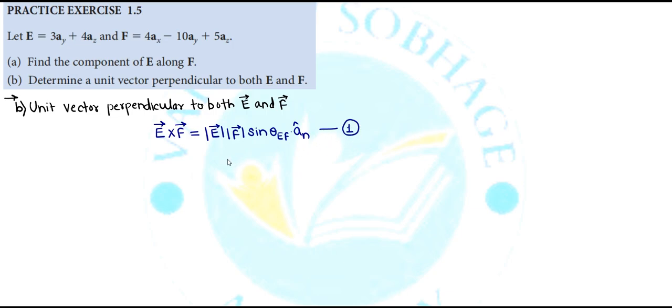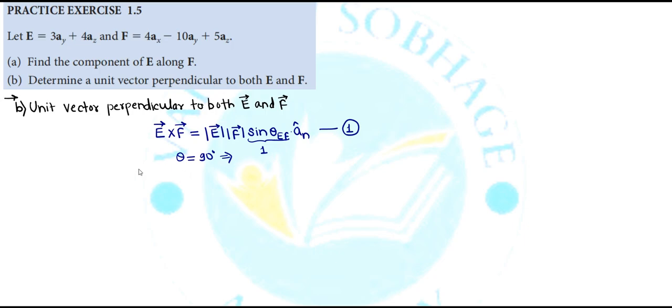Now for a normal vector, or perpendicular vector, what do we have? We will have theta equal to 90 degrees, and in this case sine theta reduces to 1, since sine 90 is equal to 1.